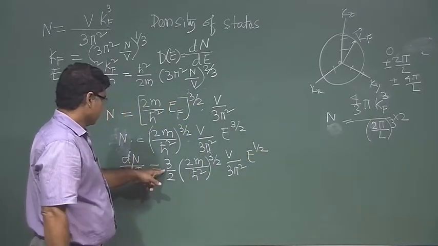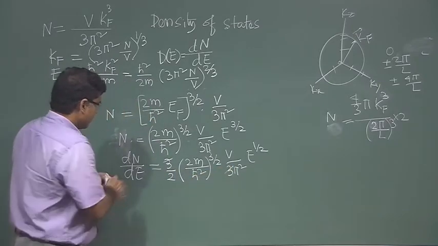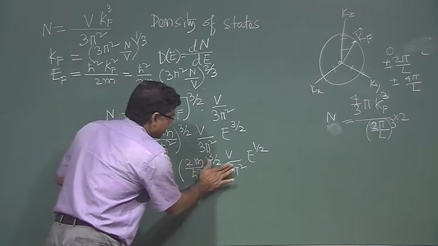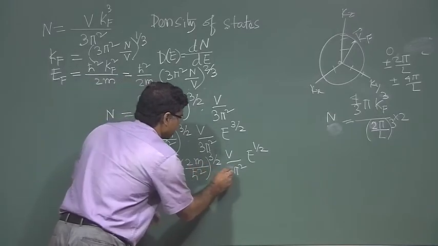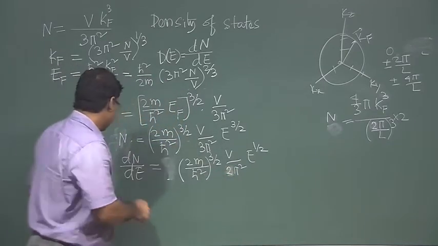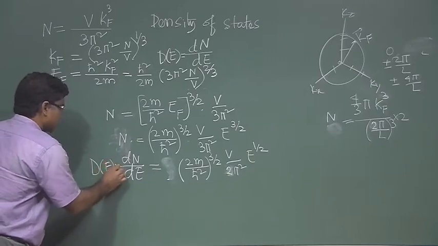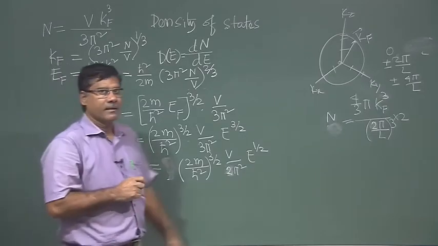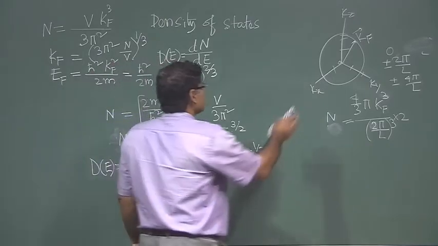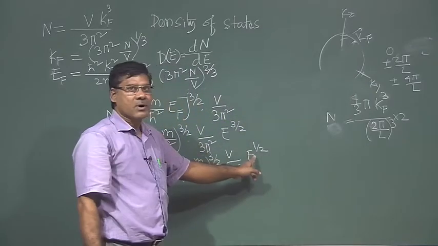So, these three will go, and then actually I can write these two. Okay. So, this is the expression for density of states, and you can see the density of states varies with square root of energy.